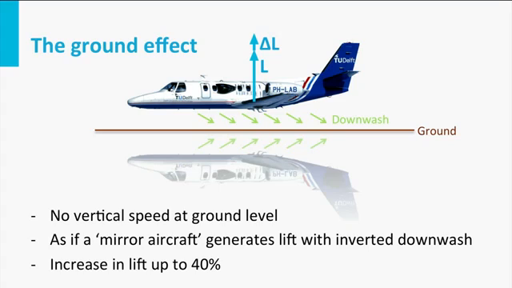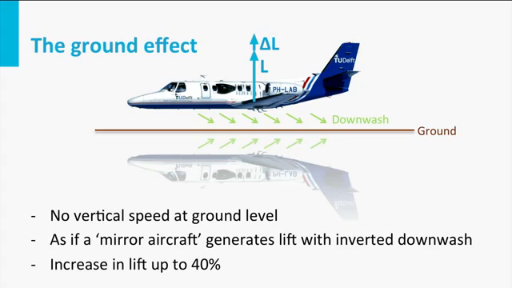Apart from an increase in lift, there's also a reduction of the drag. And that is because the vortices around the tips are also distorted by the ground, and they have less of a drag effect. You get extra lift for free, and there's less wing vortices, and these effects together create less drag.